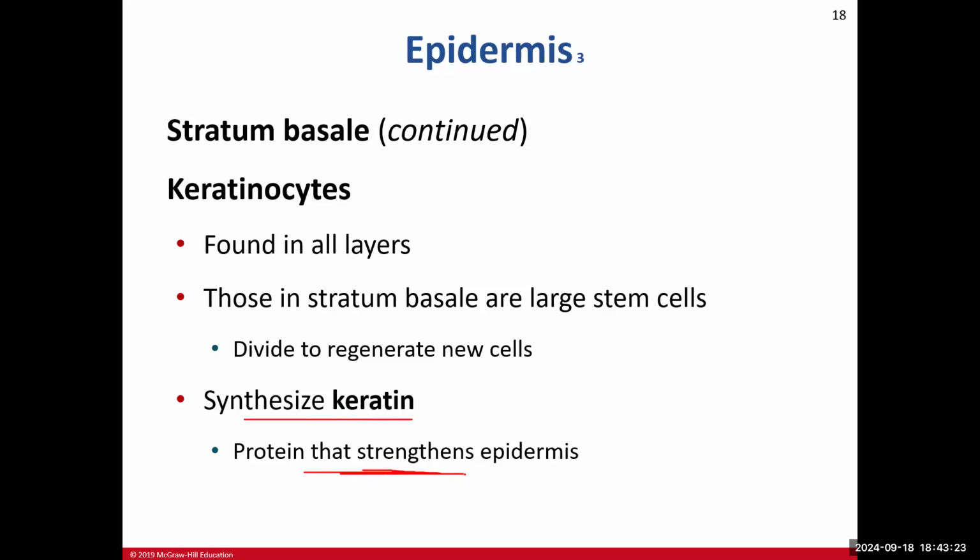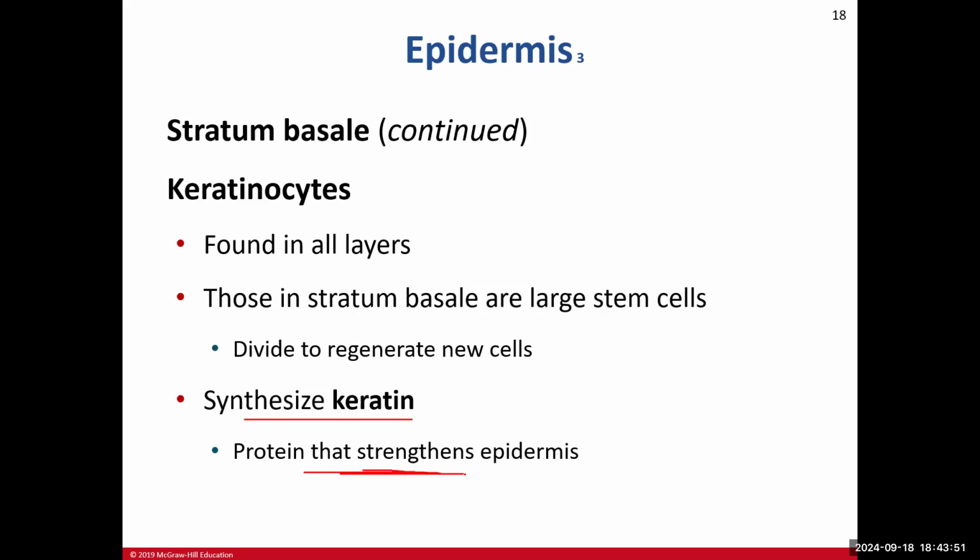It won't start doing that until we get into the stratum granulosum, the 3rd layer. That's when they start the process of keratinization. So for this cell, just keep in mind, its job in the stratum basale, that first layer, is to divide. 1 stays, 1 goes.